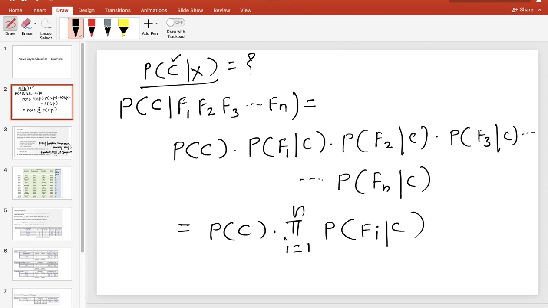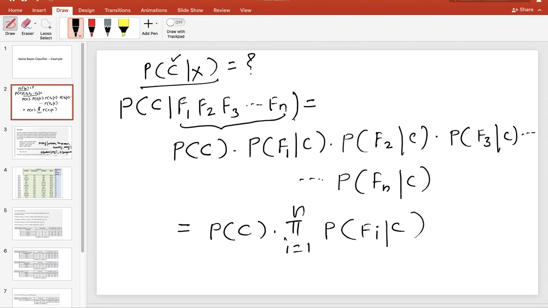probability of C given x. This data point x may have various features, f1, f2 up to fn. So the problem turns into: given these features, what will be the class?